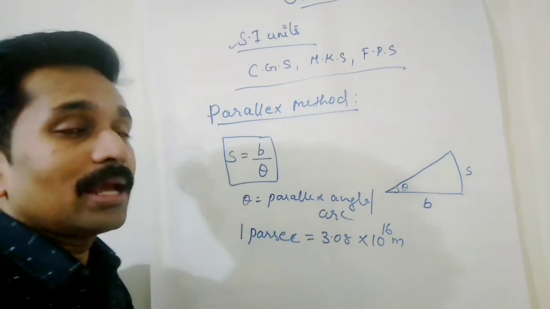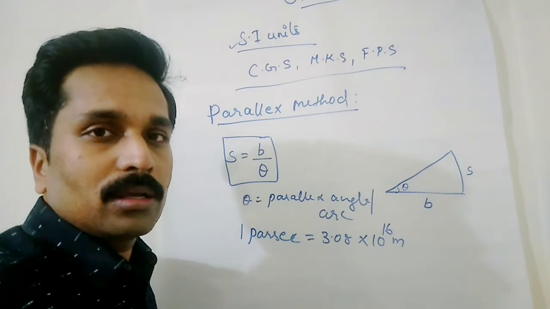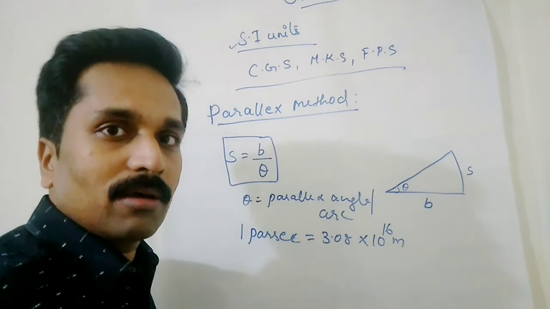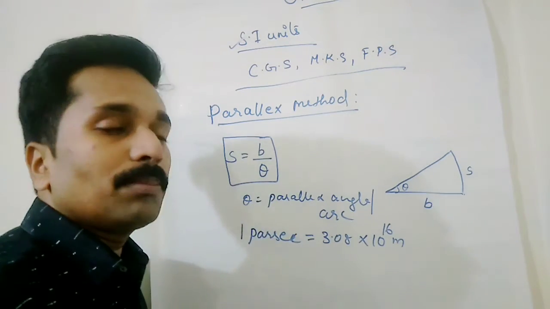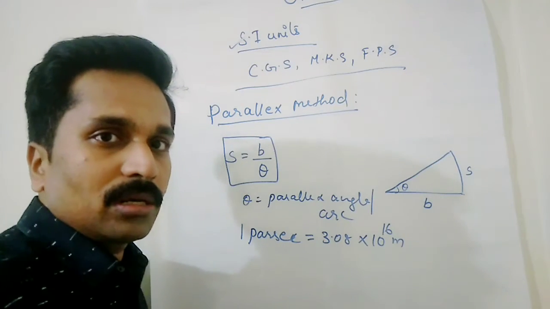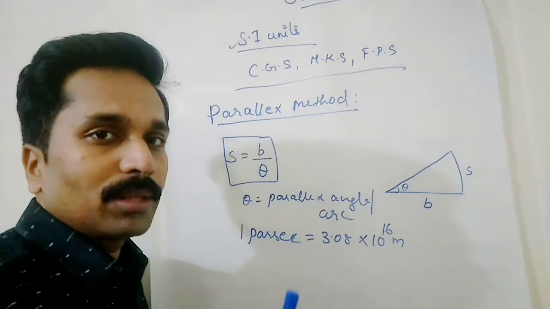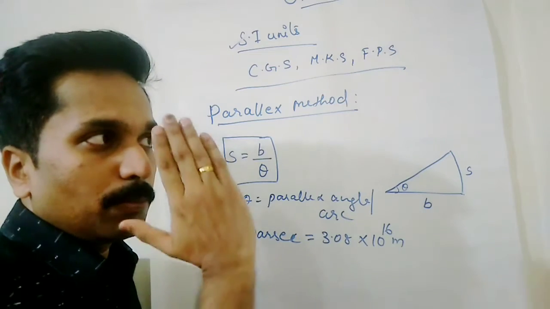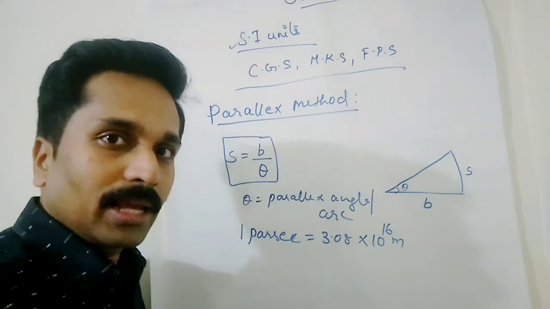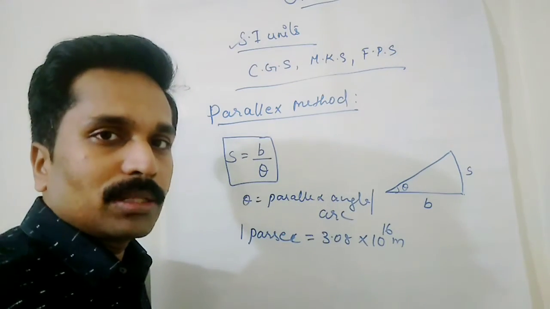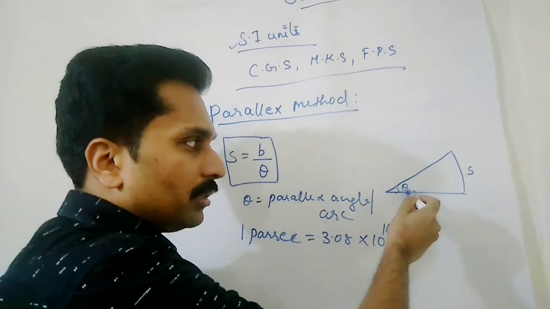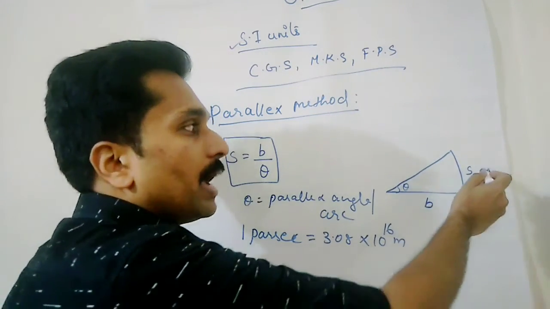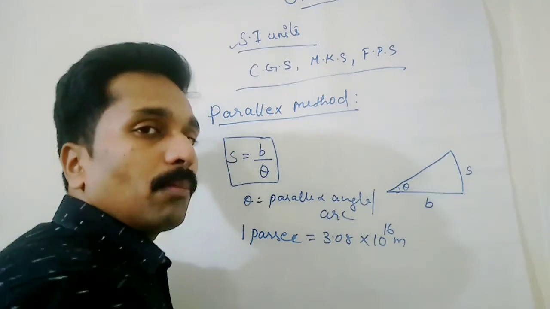Then we came to the parallax method, the method to find the distance of stars and planets from Earth. I gave you an example of a pen, viewing it with the left and right eye, where the position of the object changes with respect to the background. That is known as parallax method. We took an angle theta, known as the parallax angle or parallax arc, B is the radius, and S is the distance to the point of observation.